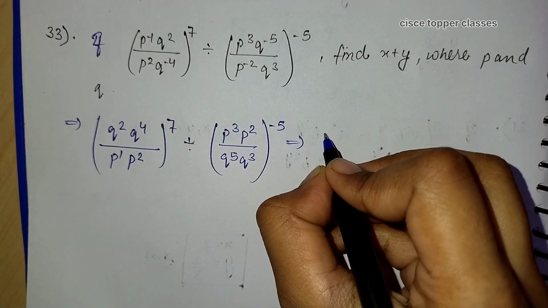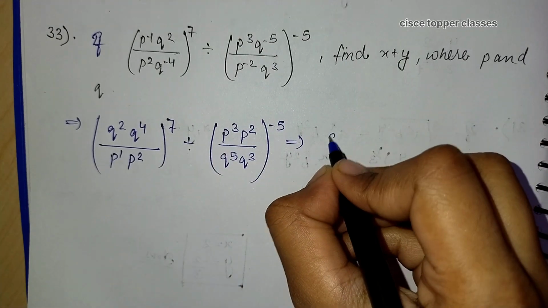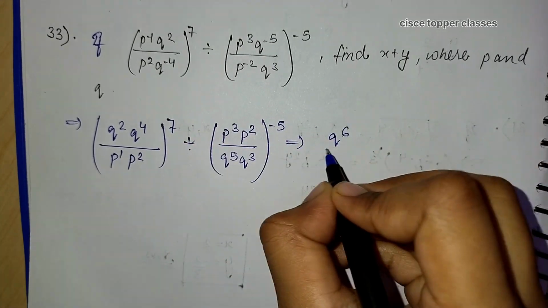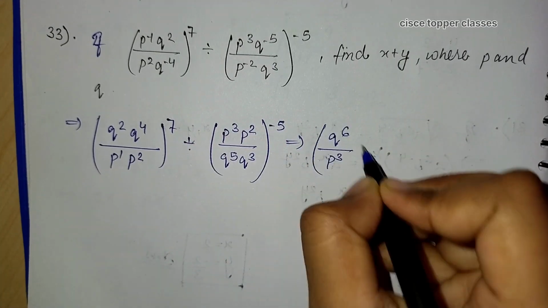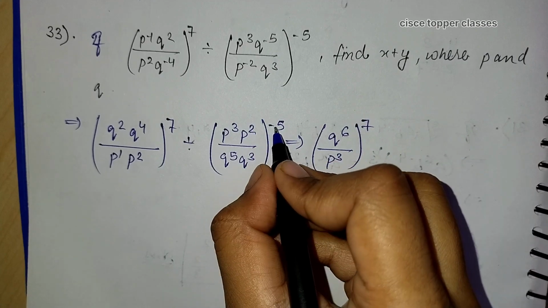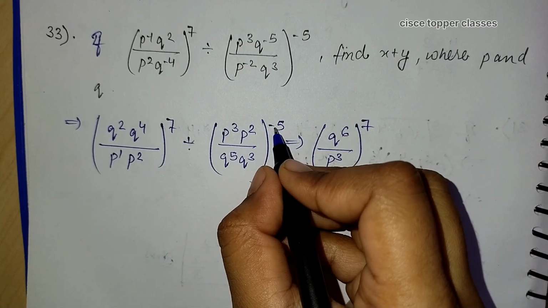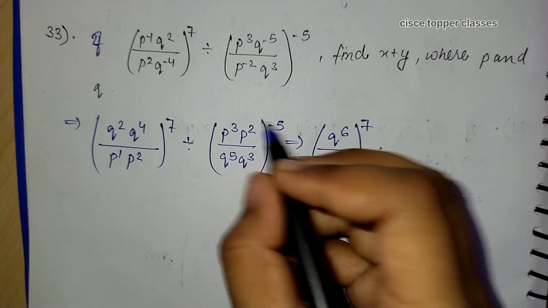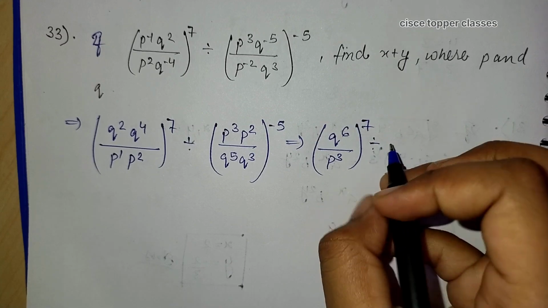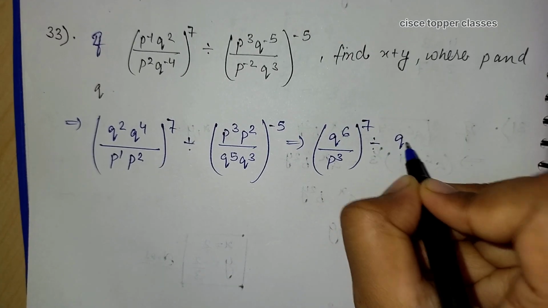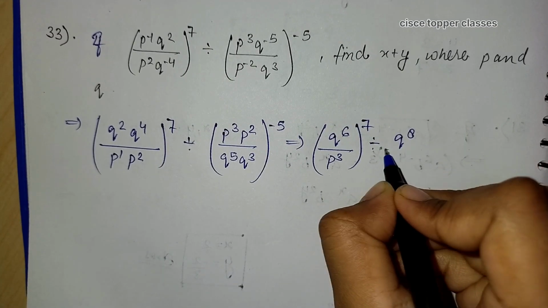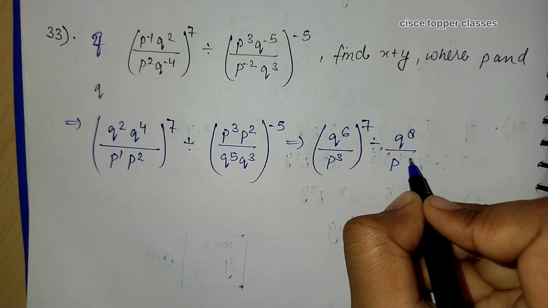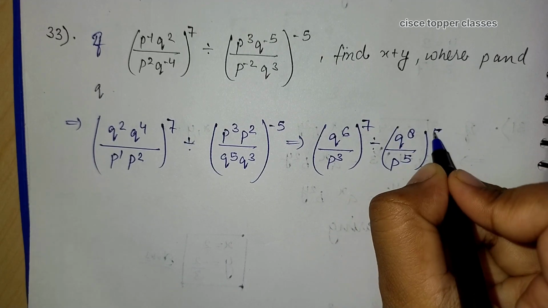Simply, on adding these powers, we get q^6 p^3 whole power 7 and -5. If we have to remove this -5, we have to take the reciprocal, divided by q^8 and p^5, whole power 5.